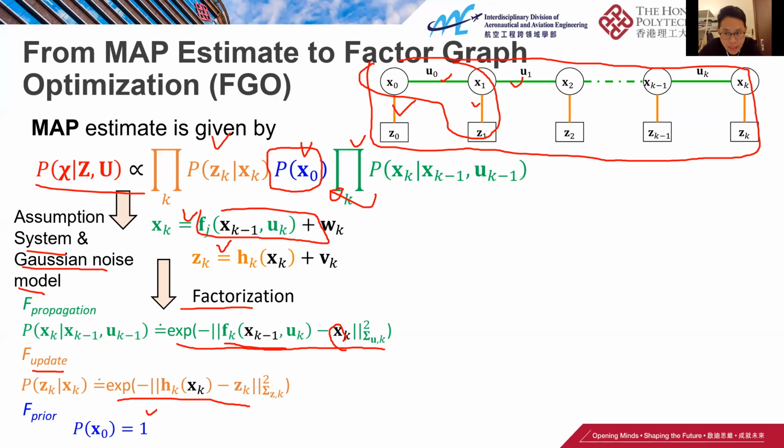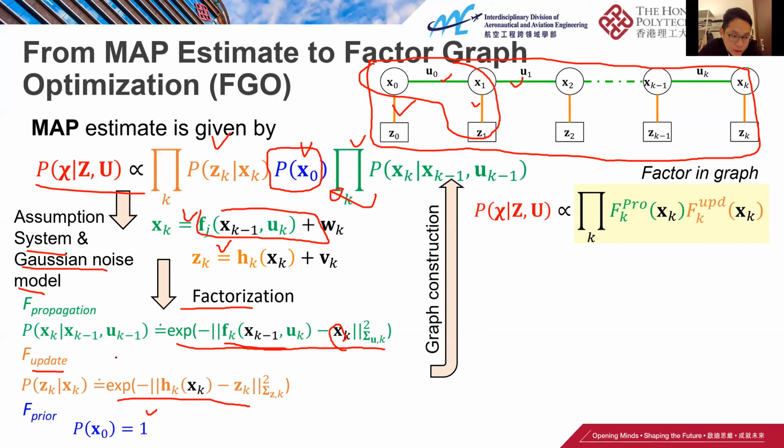Everything is used, instead of just the first order Markov chain. This is the first difference that we notice here. Then after we construct the factors, the posterior probability is proportional to the multiplication of the factors: the factor of the propagation, which is the green one, and the factor of the update.